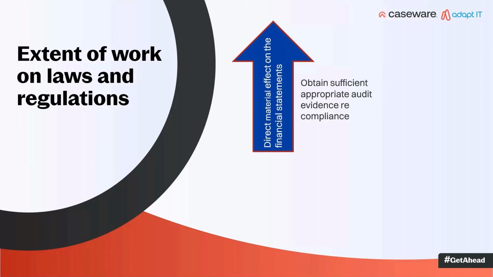And that's where we will test that the client's income tax is appropriately calculated, disclosed, etc. We will check that the client is correctly treating the VAT in invoices and so forth. We will, in the South African context, again, make sure that the client has disclosed the directors' remuneration in the financials. So those are those three examples for today in terms of direct material effect on the financial statements. And there you are going to do audit work. All right.